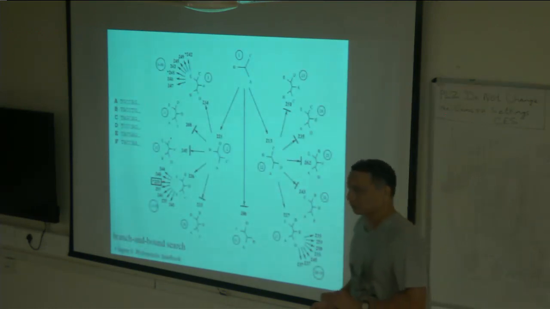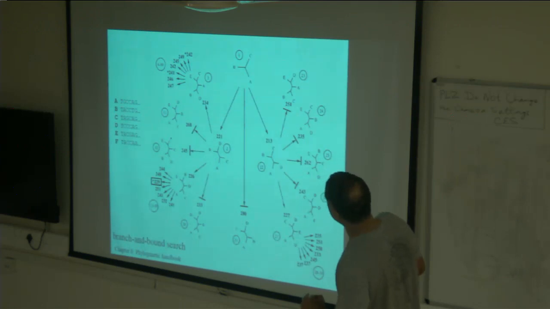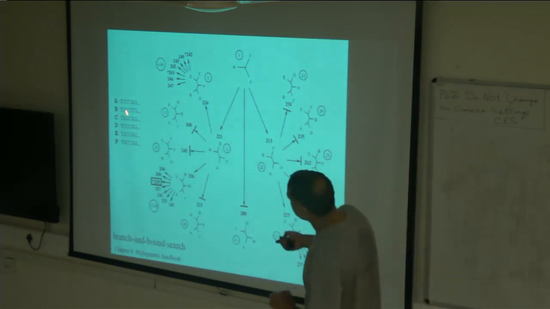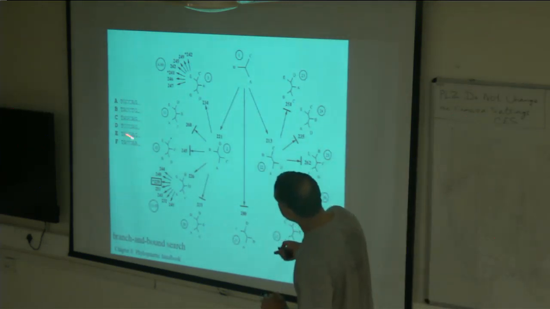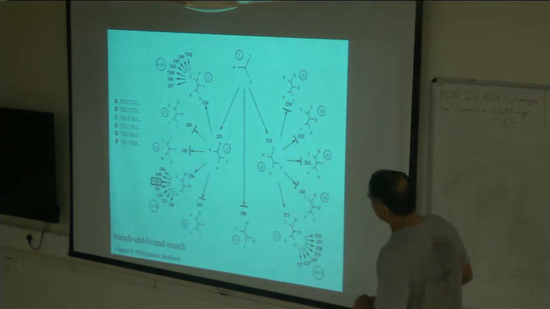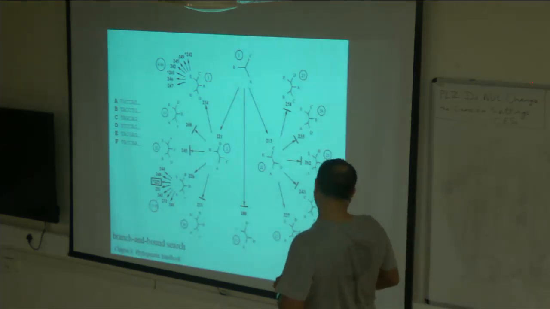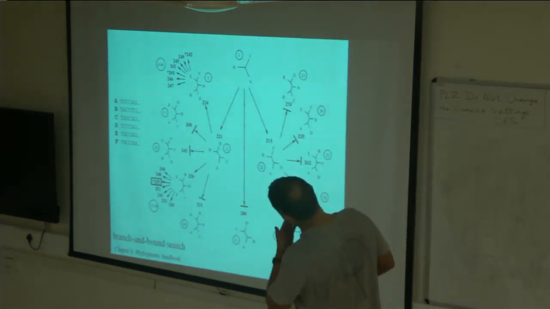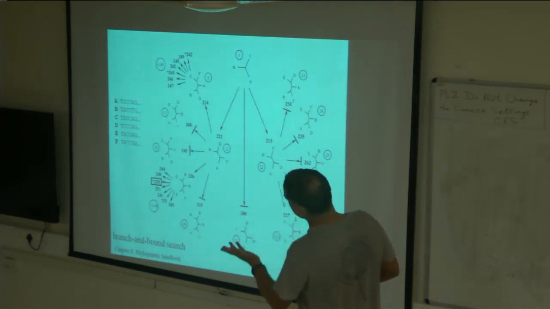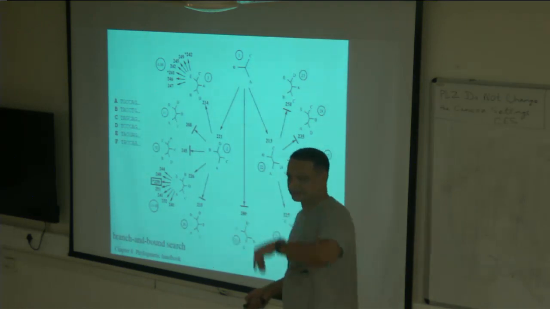So what is branch and bound? Okay, so let's say there are 5 taxa, 6. So let us see what it is calculating here. Let's say it's parsimony. Okay, so you want less number of changes.